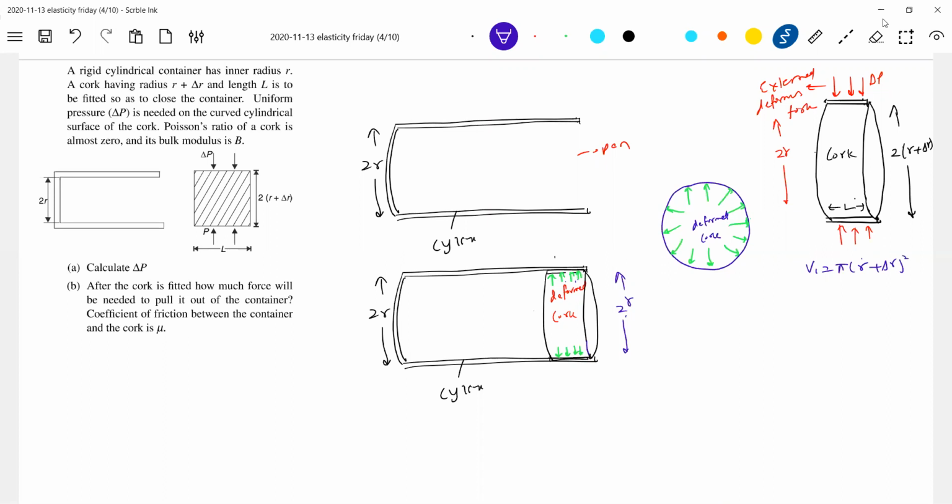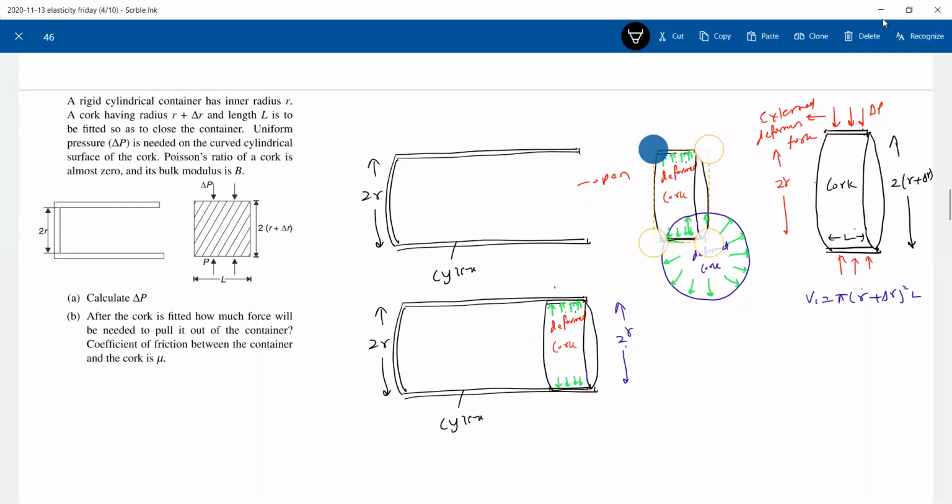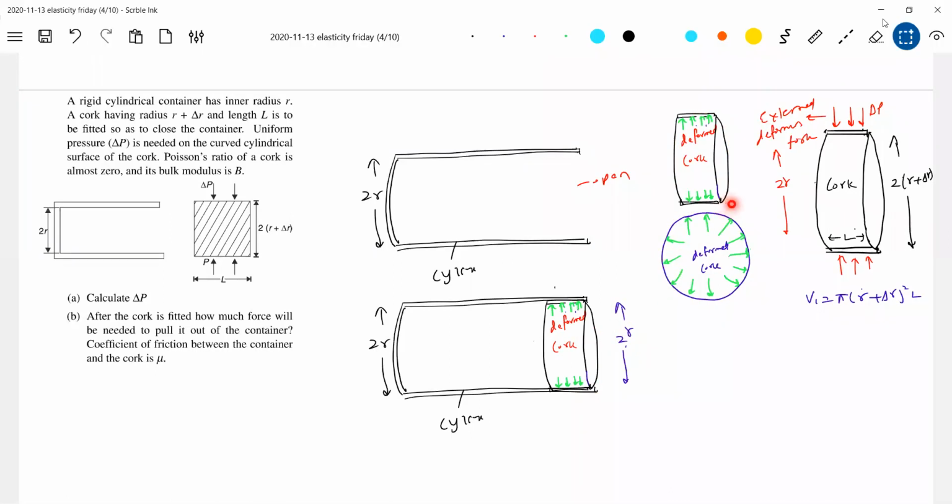Pi (r plus delta r) whole squared L. Final volume is how much? V2.